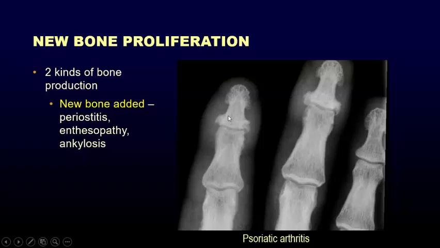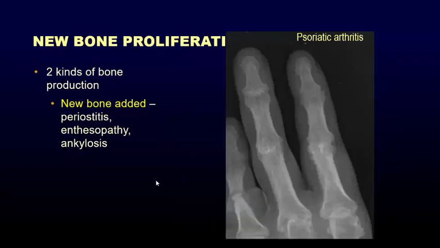Here seen in the second and third in comparison to a more normal bone contour in the fourth distal phalanx, as well as ankylosis of a joint where bone has bridged the joint space. These are all proliferative new bone formation that's characteristic of a spondyloarthropathy.